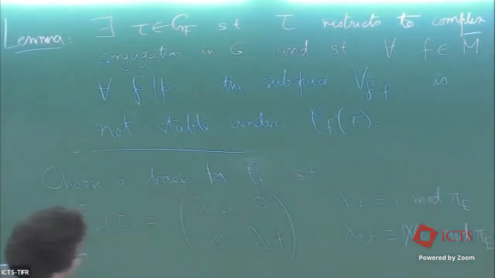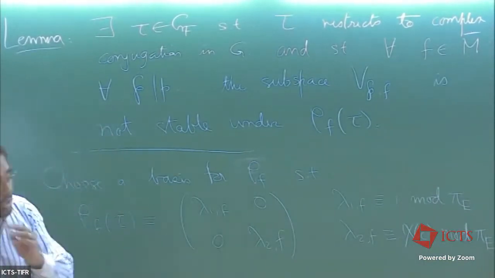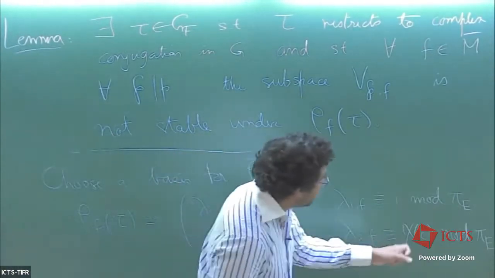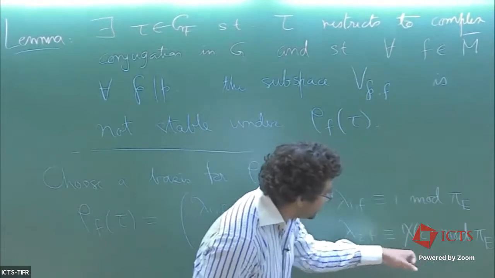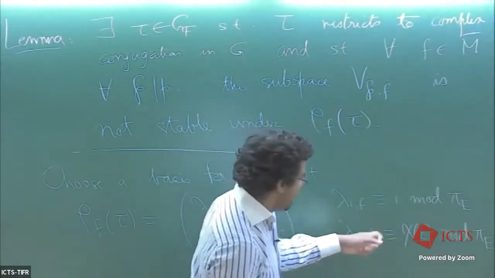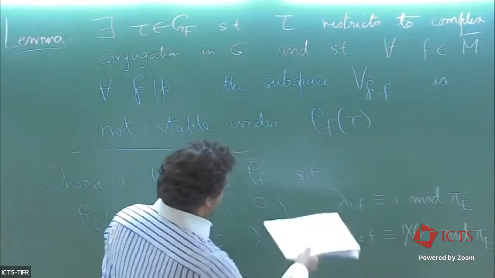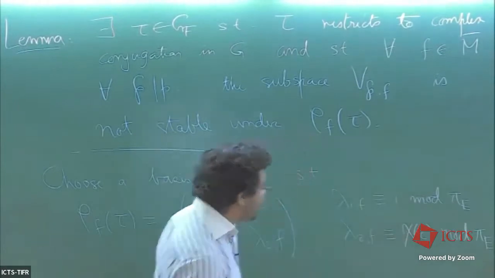This is the place where everything breaks down for p equal to 2, because even if chi(tau) is -1, that's the same as 1 modulo 2, so you don't have distinct Hecke eigenvalues.